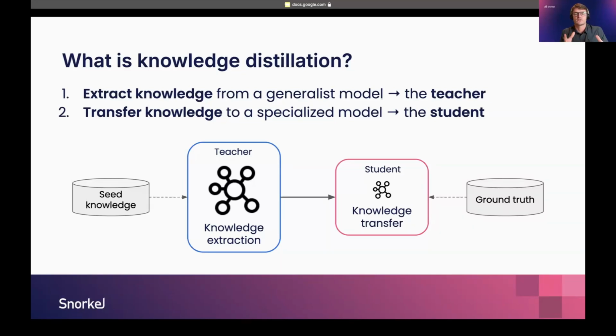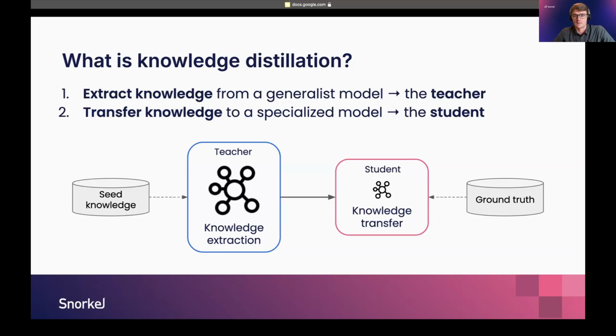The extraction process takes as input seed knowledge, and this is something that's going to elicit the knowledge we want out of our teacher. We'll see examples of this. And of course, it takes the teacher. The output of the knowledge extraction process is going to be used in knowledge transfer. We're going to see different forms of what can be extracted from the teacher.